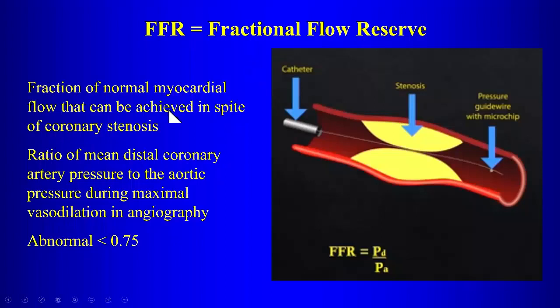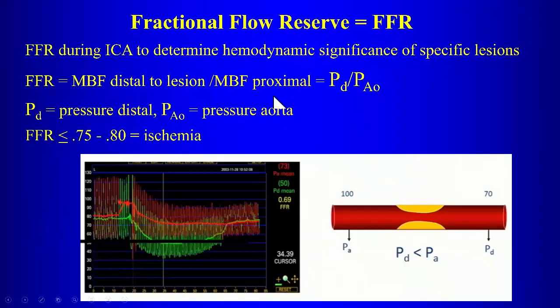So what is this fractional flow reserve? We're trying to evaluate the physiological significance of the stenosis by looking at the perfusion, or the amount of flow, distal to the stenosis. When they do it invasively, they look at the blood pressure distal to the stenosis, comparing it to the pressure proximal to the stenosis, or within the aorta. It's abnormal if that ratio is less than 0.75 for invasive measurements of fractional flow reserve.